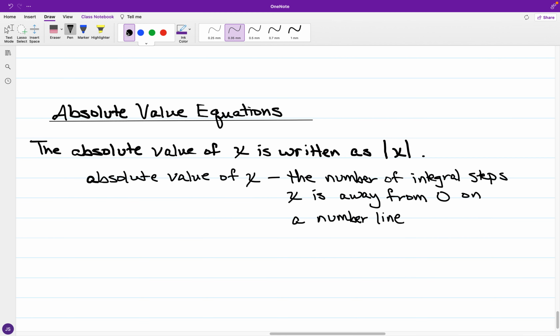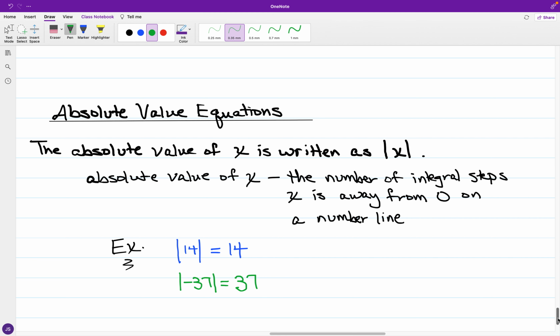And just looking at numerical cases. Right, so say for the absolute value of 14. Well, 14 is going to be 14 steps away from 0. And if I have, say, the absolute value of negative 37, well, negative 37 is going to be 37 units to the left or behind 0.